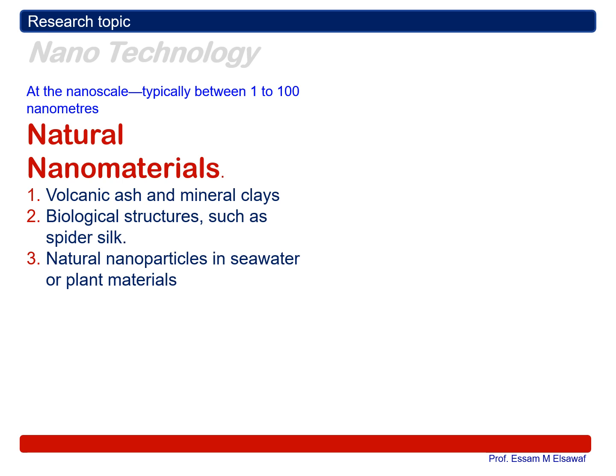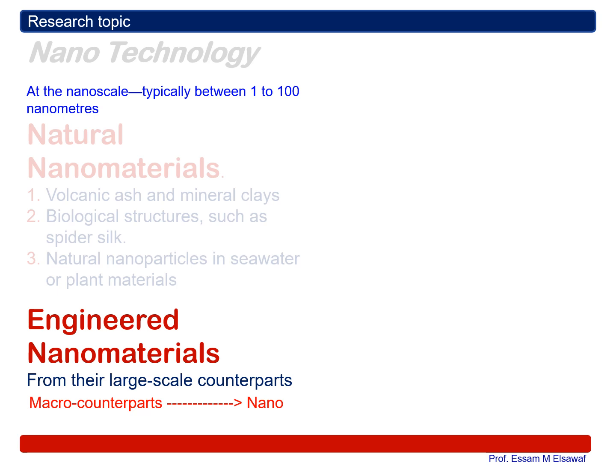We have engineered nanomaterials. They're man-made from their large-scale counterparts, which are manipulated or engineered by certain industrial scientific ways to give the nano counterparts. So the nano counterparts come from the macro counterparts. What is the benefit?